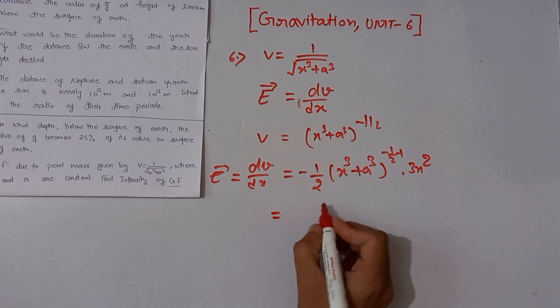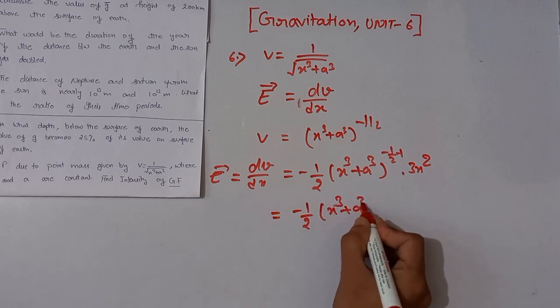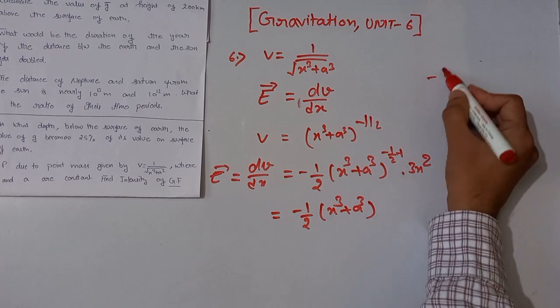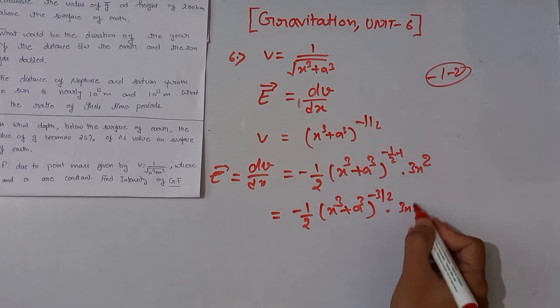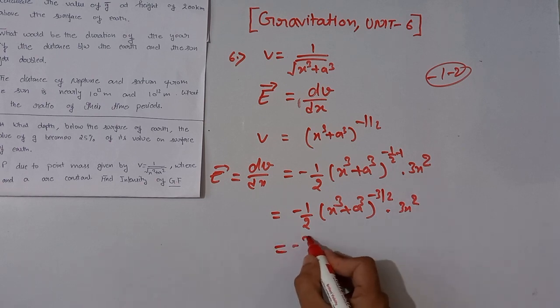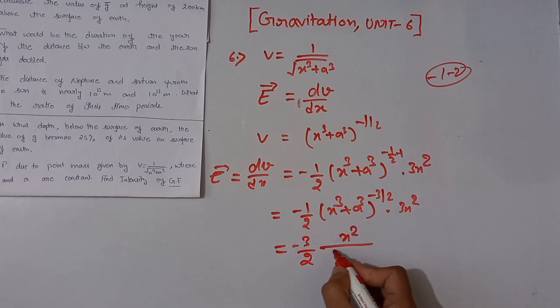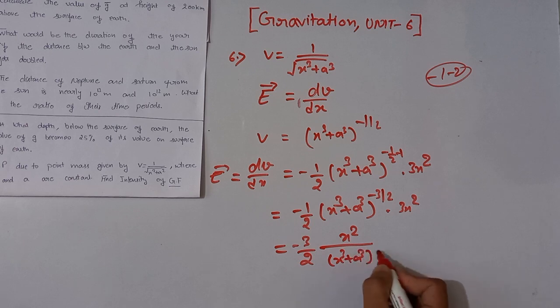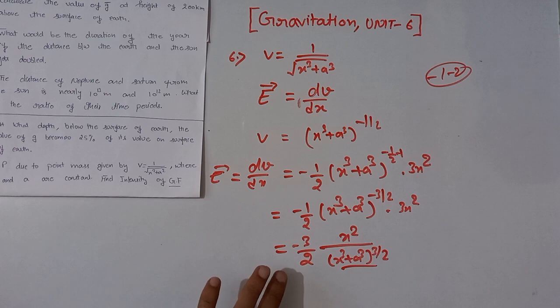Now this is equal to minus 1 by 2 into (x cube plus a cube) raised to the power minus 3 by 2 into 3x square, which is equal to minus 3 by 2 x square divided by (x cube plus a cube) raised to the power 3 by 2. This is the intensity of the gravitational field.